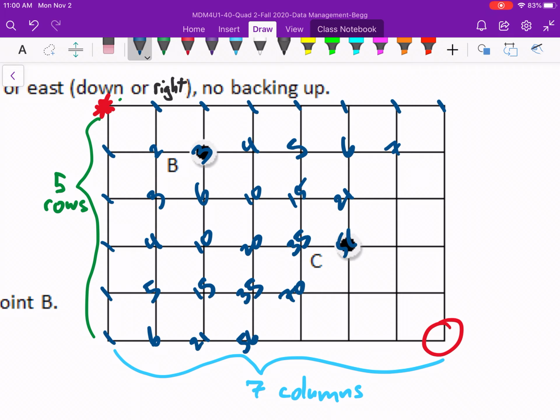Sorry, brain fart, 56. 34, 84, 36. Sometimes it helps me to say it out loud.